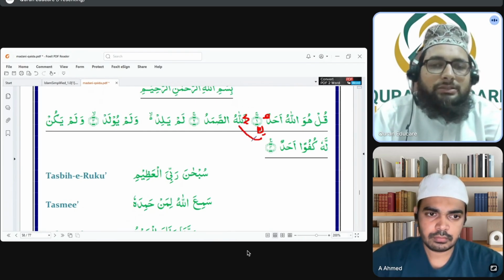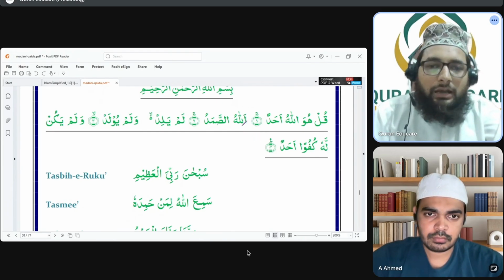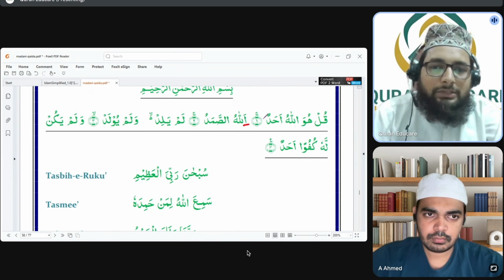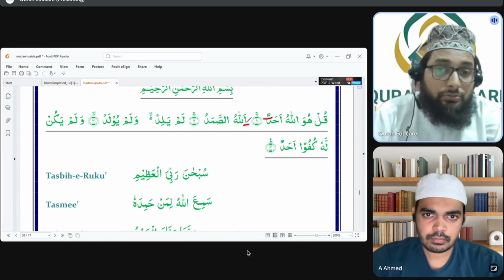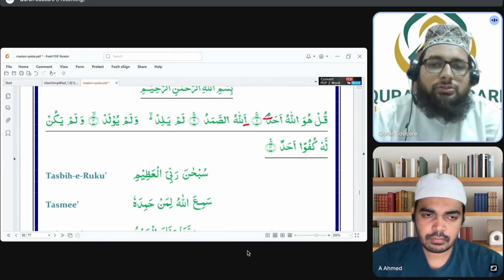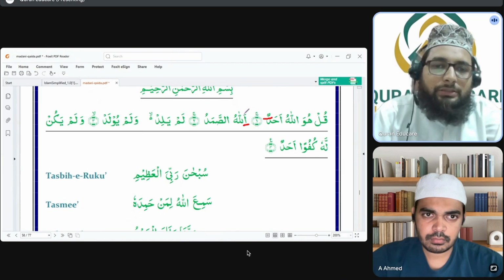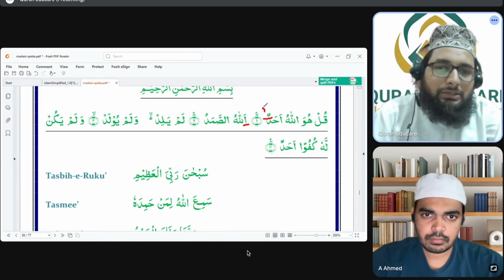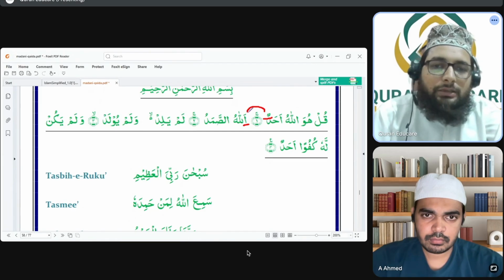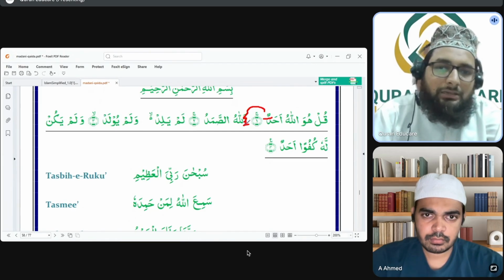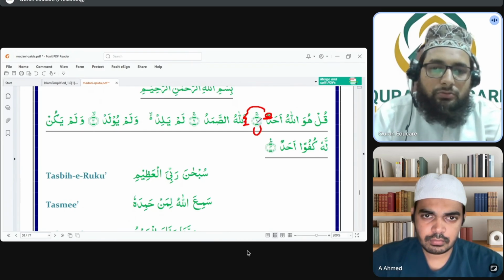Nillahu samad. What is happening? After tanween there is a hamza wasli, according to the noon qutni rule. In the case of wasl, meaning continue reading without stopping, we will drop this hamza, and the tanween will change into one zabar, and a small noon will be shown under it. That noon is called noon qutni.